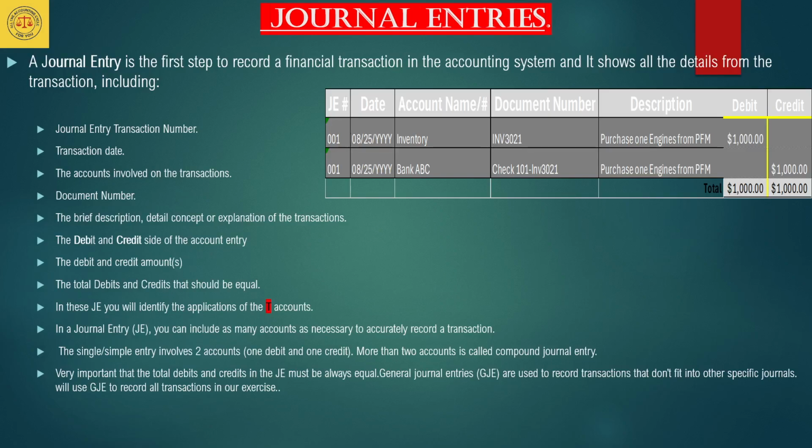That means it is for transactions that are not already set up in other options in that system. But here, for the purpose of my exercise, we are going to do general journal entries for all our exercises.